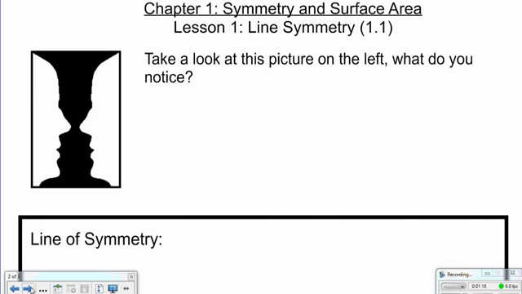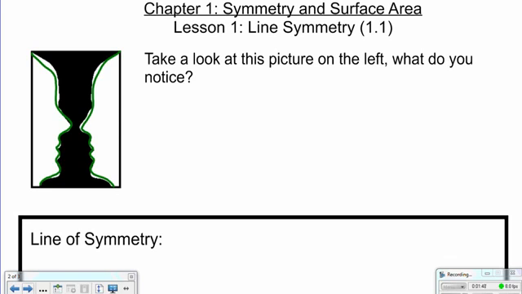So when you look at this first image, I want you to take a look and see what pictures you see. And some of you might see different images. Some of you might see the faces staring at each other, right? There's one face, there's the second face. Or some of you might see the black object in the middle that looks like a candle holder or a candlestick.